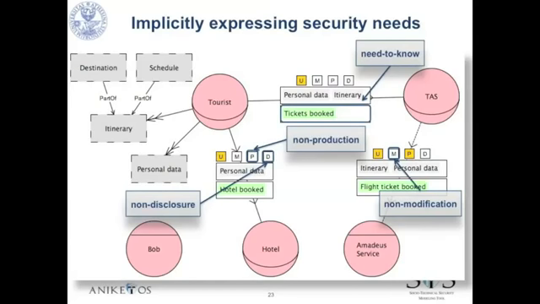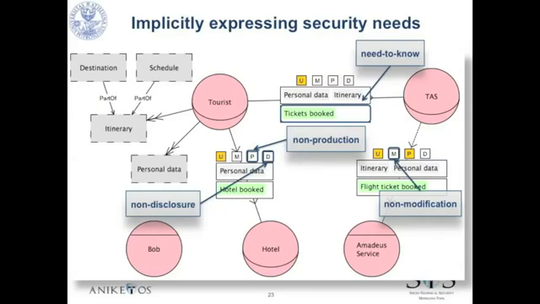So when limiting the scope of a given authorization in that of achieving certain goals, the tourist is requiring TAS to respect need to know, because he wants the TAS to strictly use his information only for ticket books, not for any other goals. On the other hand, as I said, by allowing or not allowing certain operations over information, one is expressing other security needs. So, for instance, when usage is not passed, which is not the case in our scenario, we would have a non-usage security need.